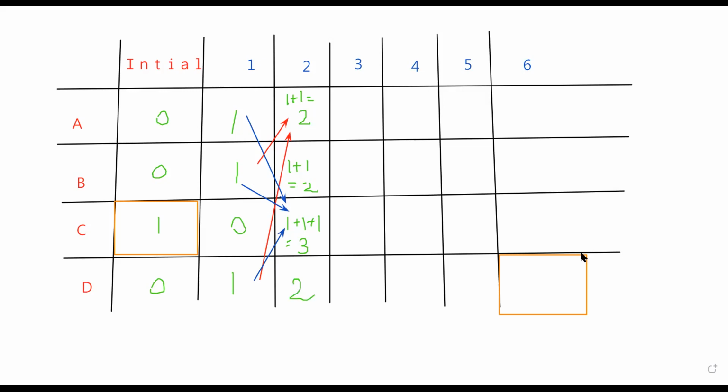After knowing this, we can do the same thing in the next passing, right? In the previous passing, we know that only B or D can pass to A. But this time C is also possible.